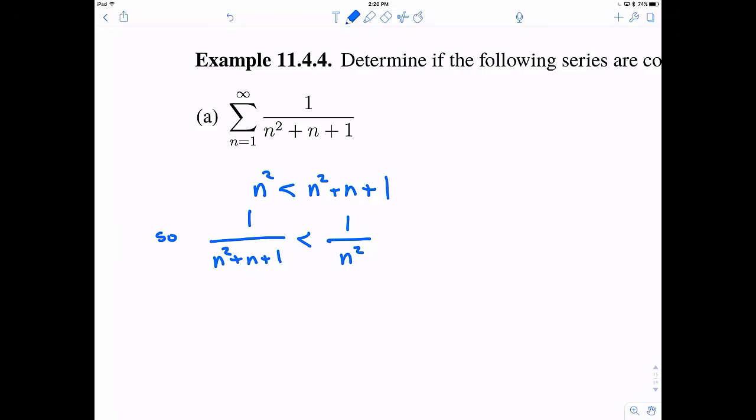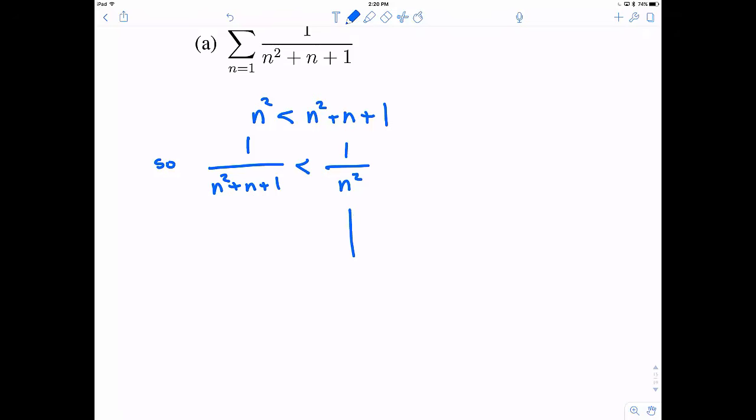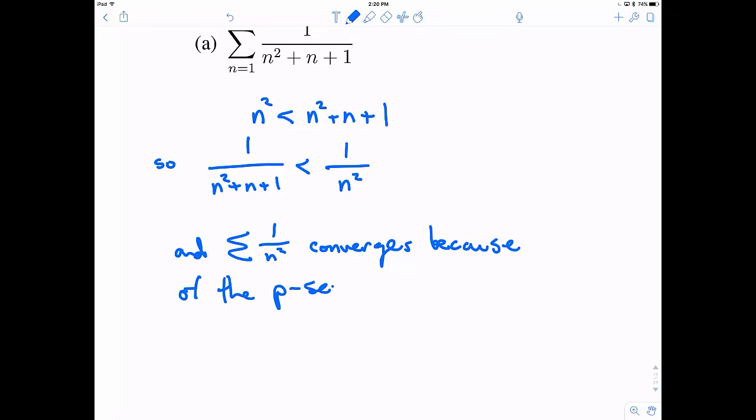Okay? And now we know that the series of 1 over n squared converges. Why? Well, the p-series test. So therefore, the smaller one must also converge. Right? These are positive terms. So again, the series 1 over n squared converges because of the p-series test.